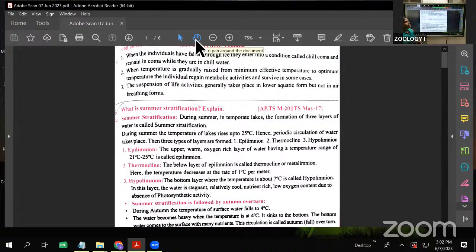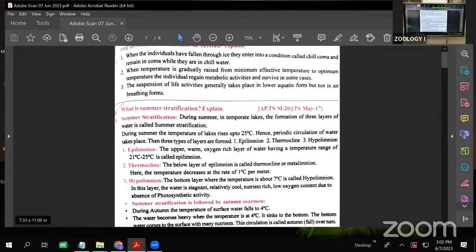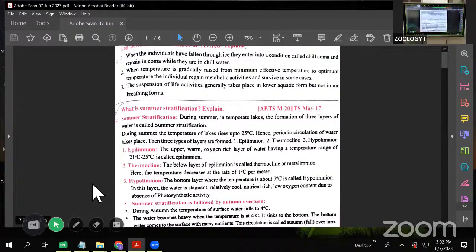The SAQs of the last lesson we are going to discuss. The sixth lesson SAQs, we already discussed. The seventh lesson, in the sixth lesson, SAQs completed.